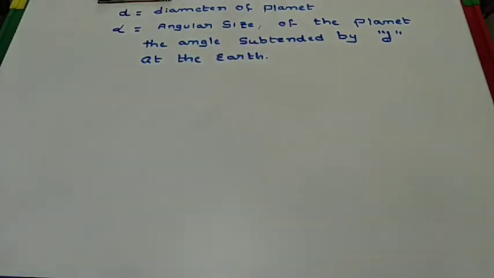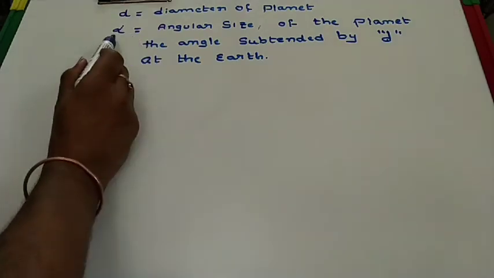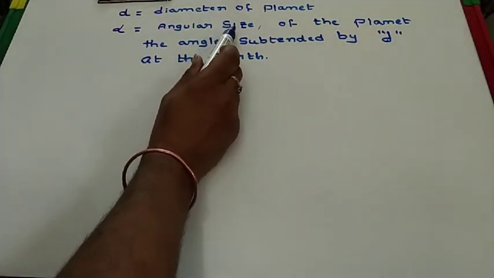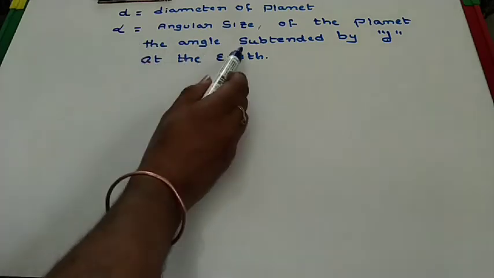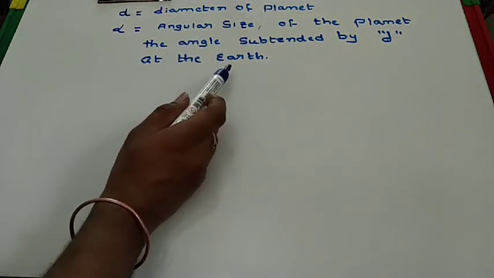Once again, I am repeating the point: alpha is equal to the angular size of the planet, the angle subtended by d at the earth.